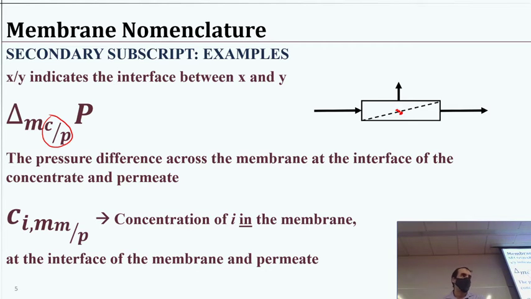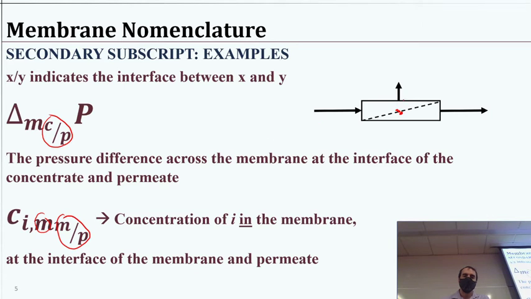Okay, so we can use this for not just the pressure, but for other things like the concentration. If we have some species I that we're interested in, so C sub I, the concentration of species I at the membrane, then this next subscript is looking at the interface between the membrane and the permeate.